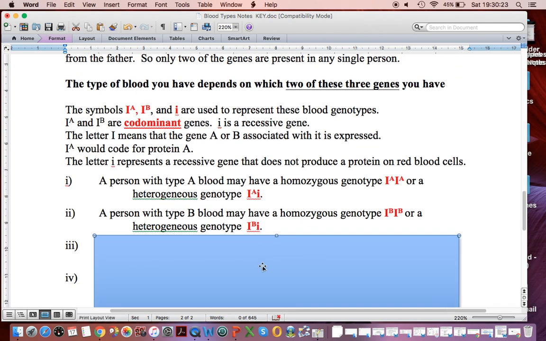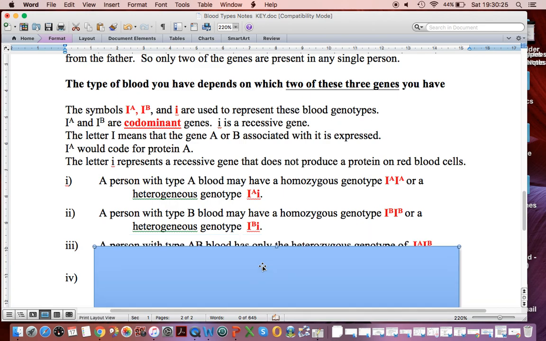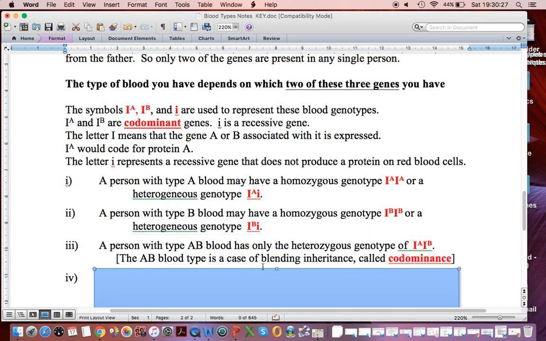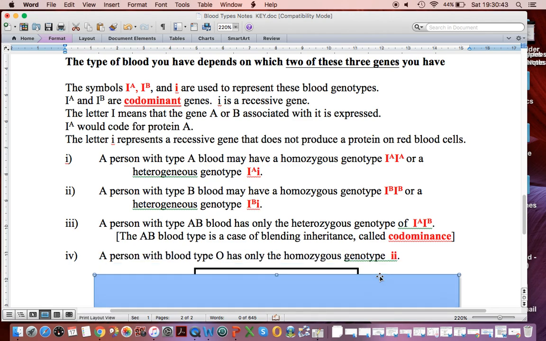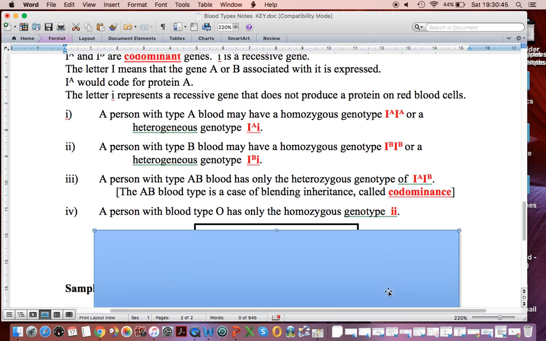On the other hand, if you're type AB, there's only one possible combination, the A and the B. Codominant because both of those code for the antigens we find in the red blood cells we talked about in the last video. And you can tell with type O, you're going to have the two recessive genes.